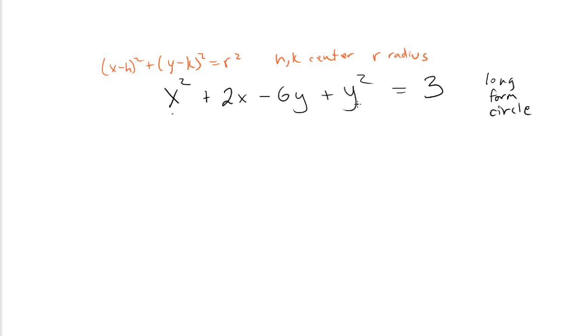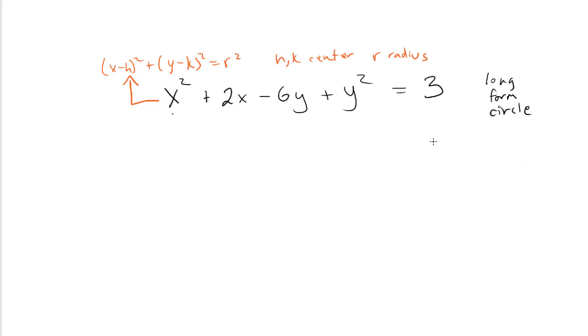Suppose I was given this equation and asked what is the center of the circle or what is the radius of the circle. My objective would be to take this long form and put it into standard form. Then I could easily detect what the answer would be for the center or the radius.